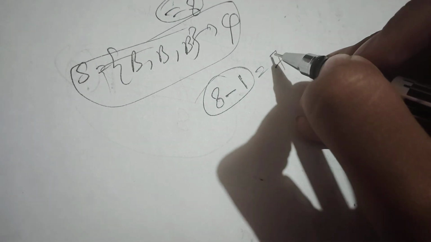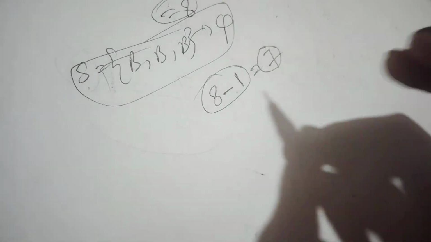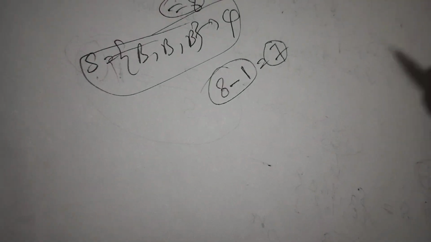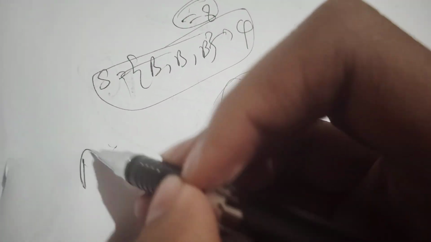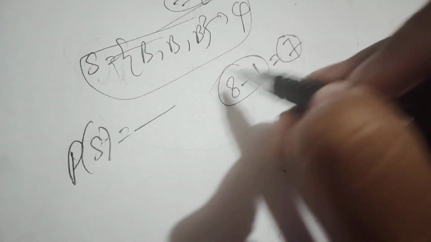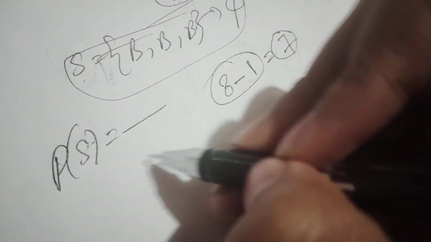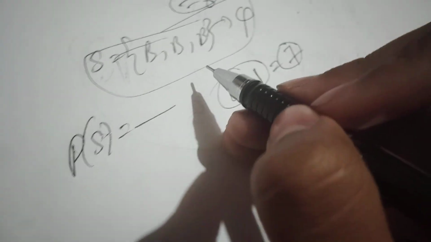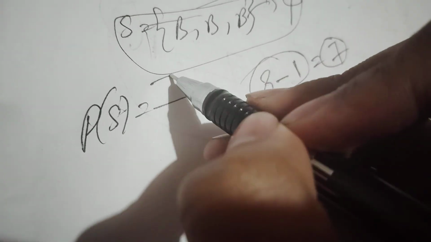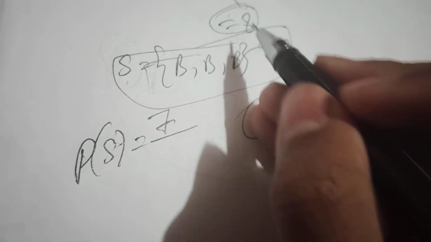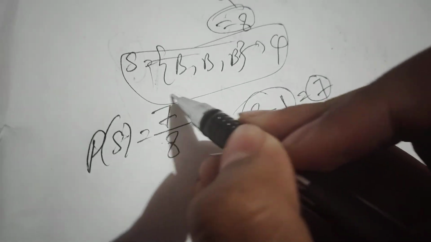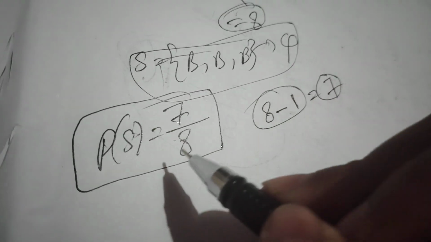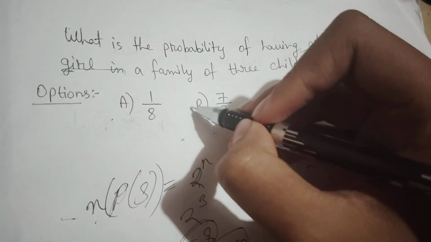That is going to be our possible combinations in this particular situation. That is the numerator. It's going to be 7 over the total combinations, which is 8. So the probability is 7 over 8, which is the B option, which is the correct option.